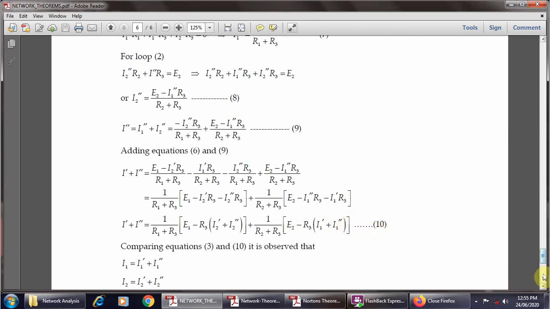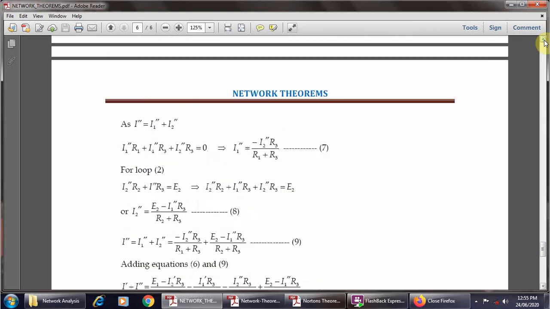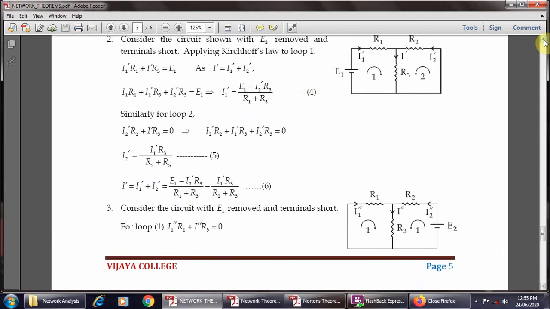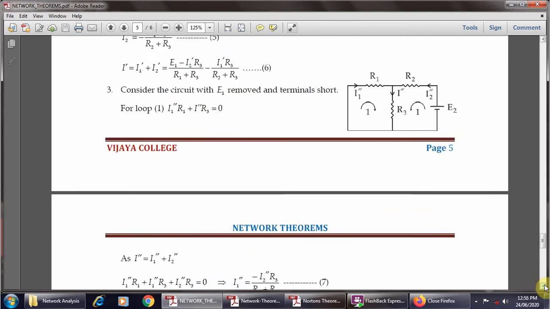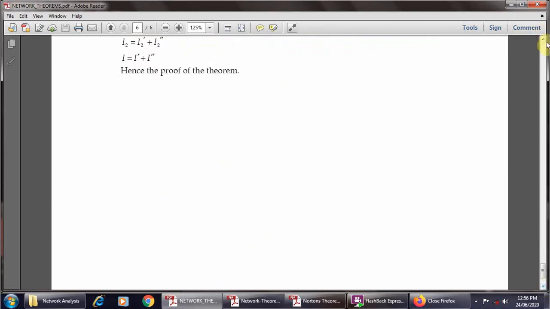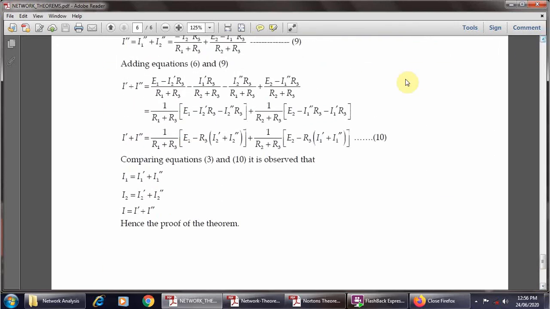Then comparing equation number 3 and 10. This is equation number 3: I is equal to E1 minus I2 R3 upon R1 plus R3 plus E2 minus I1 R3 upon R2 plus R3. The same equation should be formed when solving, so some terms get cancelled out.